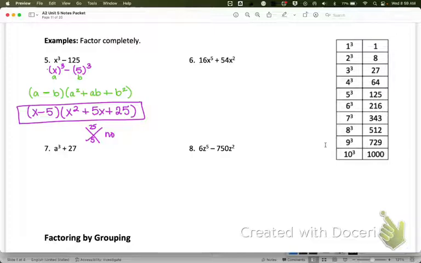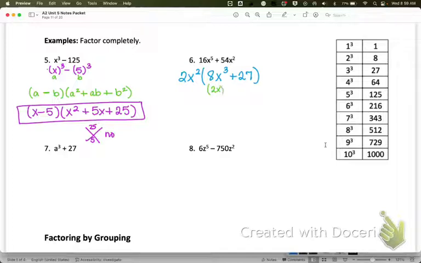Now this one does have a GCF to start. So we're going to start by factoring out 2x squared. That gives me 8x to the third plus 27. And now I look inside here and I see two terms with a plus. So the only thing possible is if these are perfect cubes, which lucky for us they are.